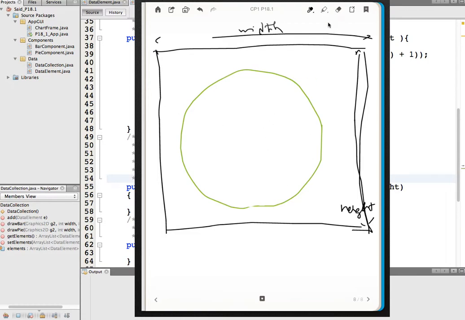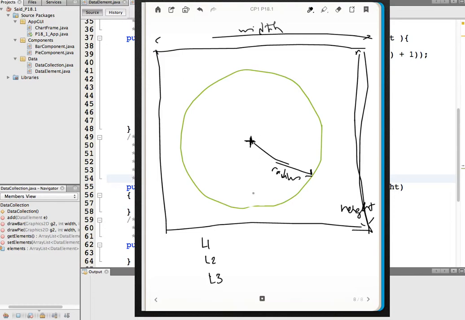In fact, to draw a circle, you need the center of the circle, and you also need the radius of the circle. All right, so this is the radius of the circle. But our pie chart, the data that we have is not a circle. We have length 1, length 2, length 3.